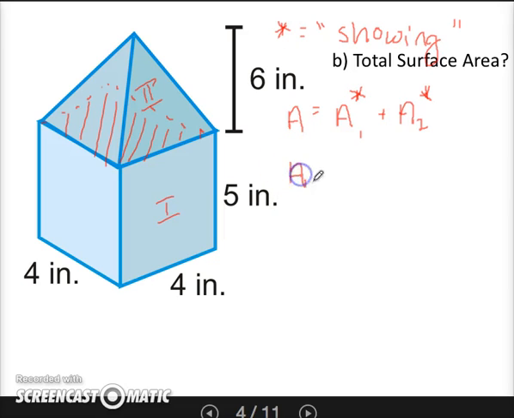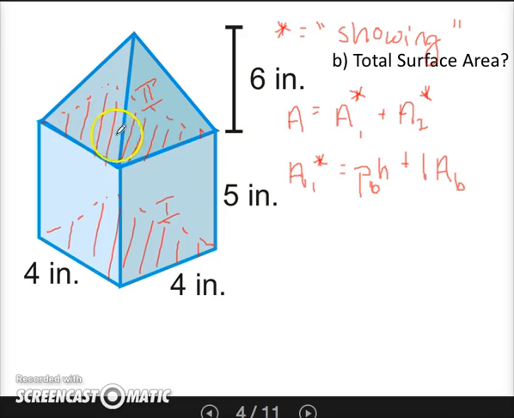So what part is showing for shape 1? Well, we have a rectangular prism. Its lateral area is just like the normal lateral area, so we have the perimeter of the base times the height. But instead of adding on 2 times the area of the base, we're only adding on 1 times the area of the base because this other base is hidden.